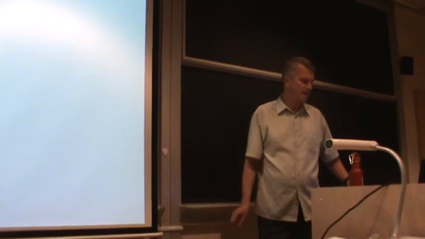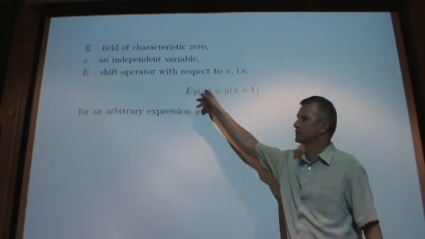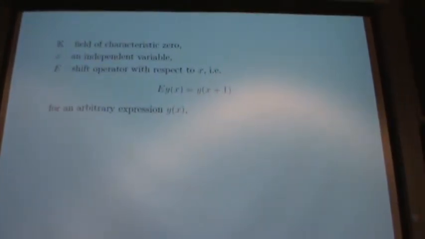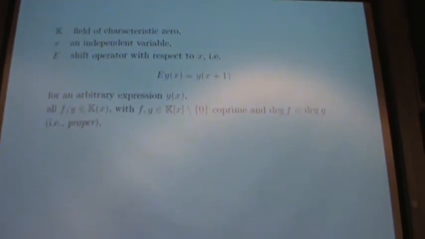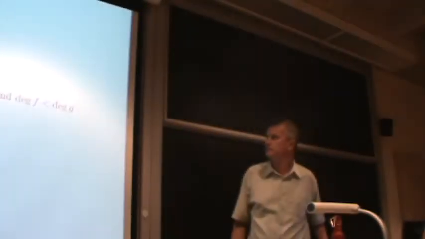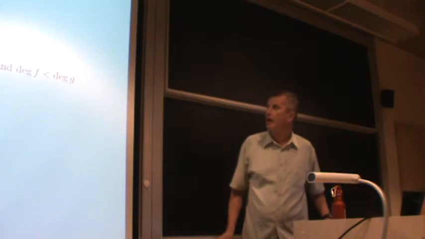We have an independent variable, and we have the shift operator that substitutes x plus 1 instead of x into an arbitrary function or expression. If we look at rational functions, all the rational functions considered here are already reduced, numerator over denominator, and the degree of the numerator is less than the degree of the denominator, so they are proper.